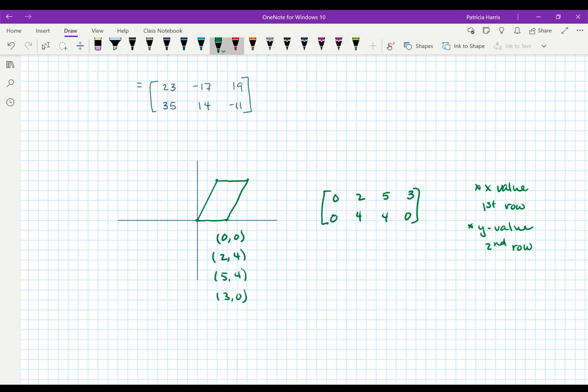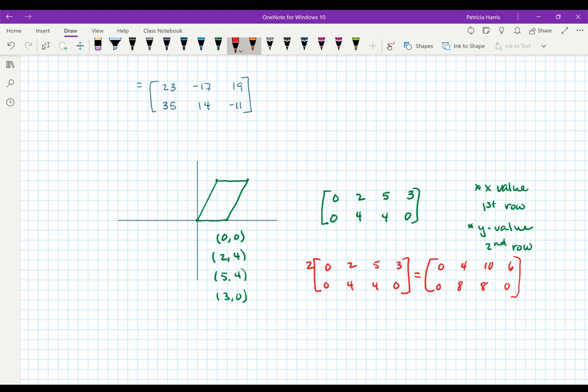Okay? So ask yourself what would happen if I multiply this particular matrix by a 2. What do you think would happen? So I get 0, 0, 4, 8, 10, 8, 6, 0.